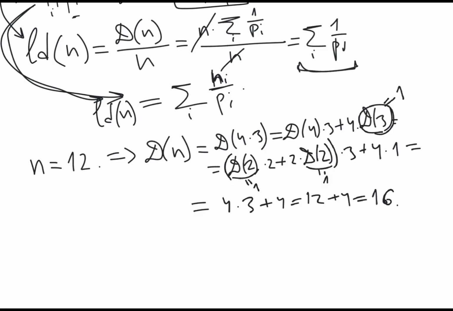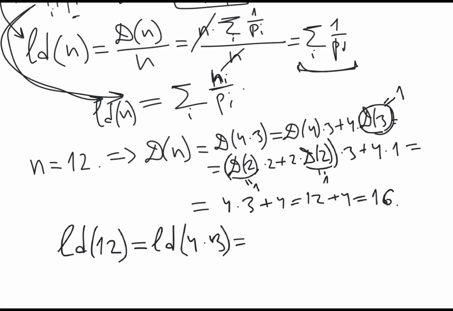Now the logarithmic derivative of 12, it's even easier to calculate from the product rule. It would be LD of 4 by 3, right? Let's write it this way.